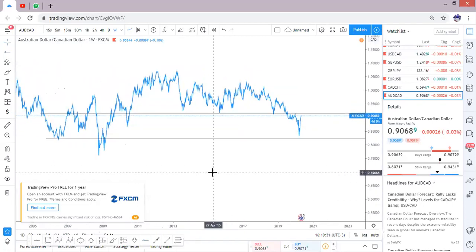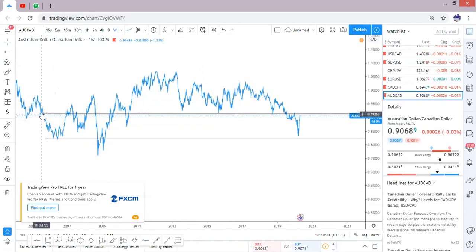From the weekly, you can see price has been respecting this area. It broke, came back, and now it has finally broken. It's trying to retest this former support as a resistance now.